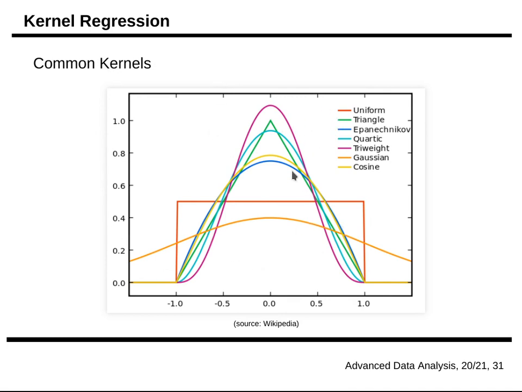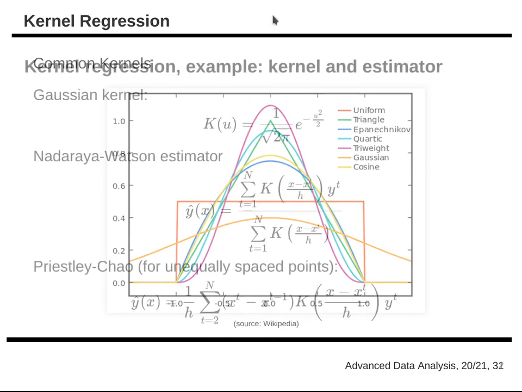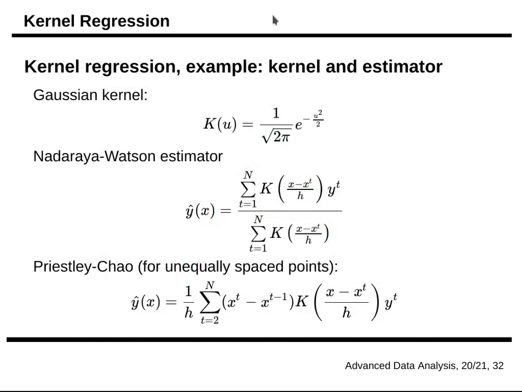And the idea of these kernels is to do something that is similar to a weighted moving average, like the one that we saw, but around each point we're going to use points from our data with different relative weights given by the kernel. So in order to do kernel regression, we need basically two things. We need a kernel, and we need the estimator that will combine the contributions of different points for estimating a value at some specific location.